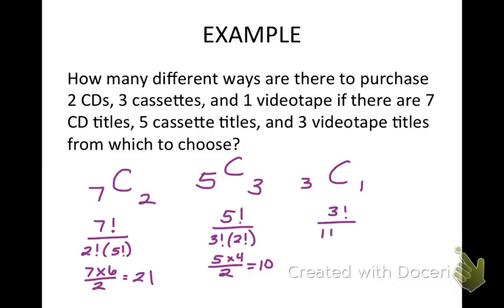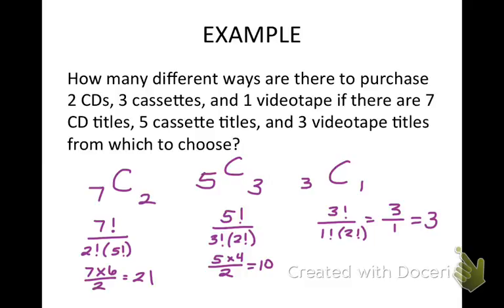So check yours with mine. The 3 numbers that I'm getting. You guys getting there? All right, so what will we do with those 3 numbers? We're not going to add them. We're going to use the fundamental counting principle, which is you multiply all 3 of those together.